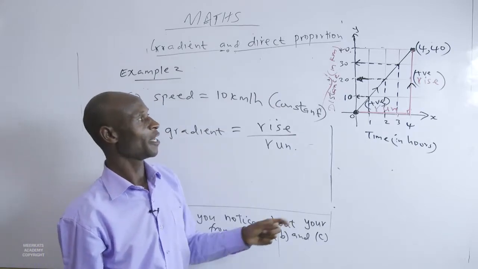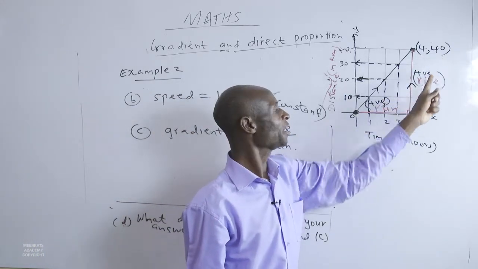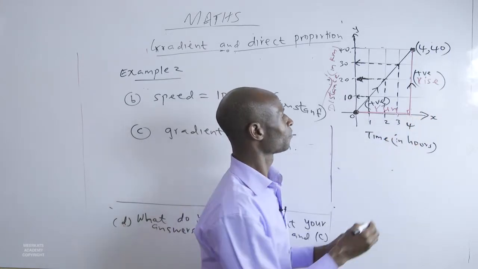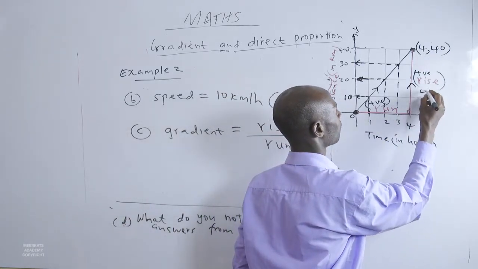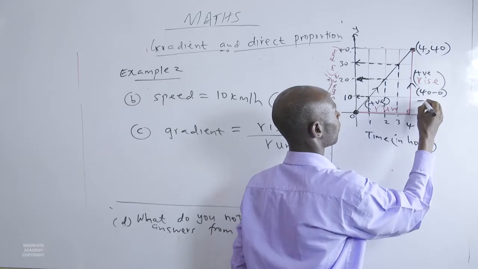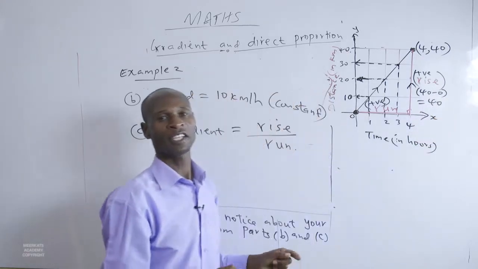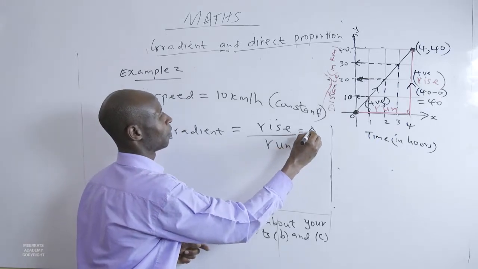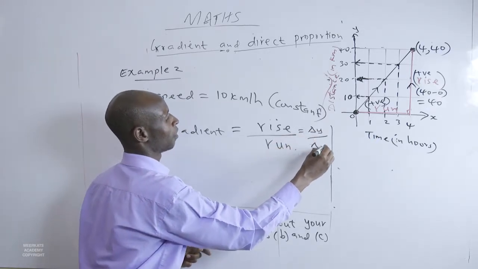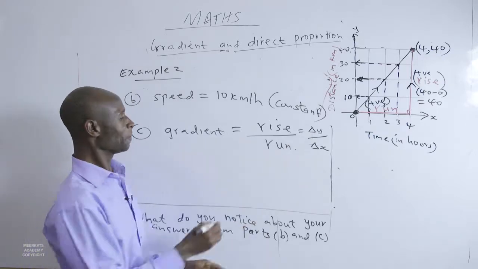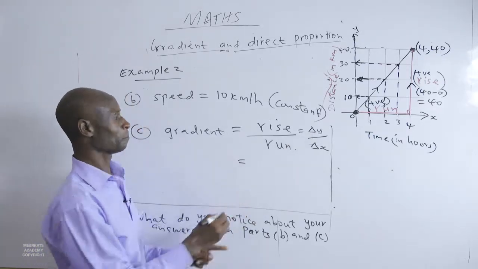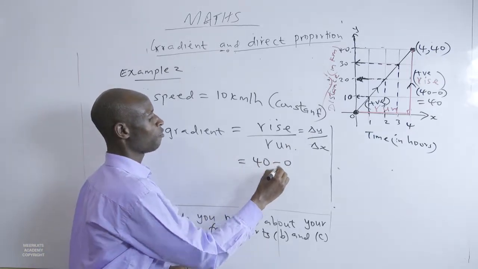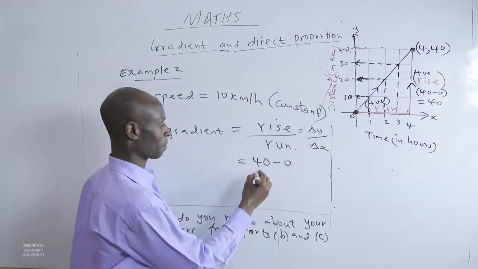And therefore we shall take 40 minus 0, which gives us 40. So the change in y will be 40 minus 0.